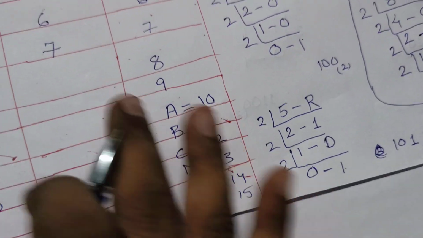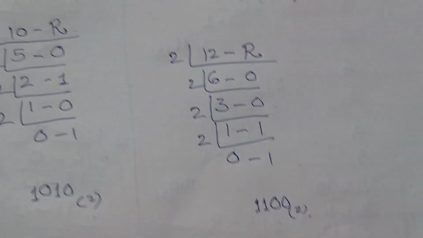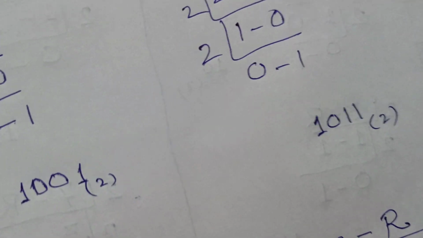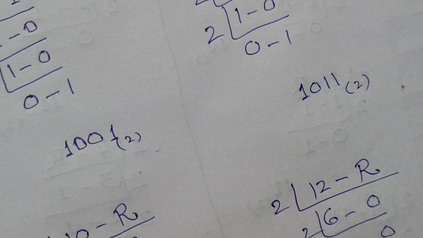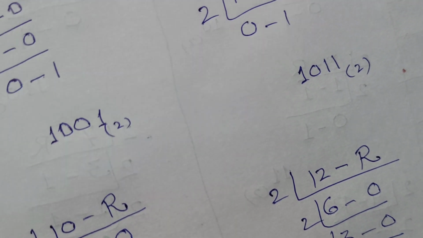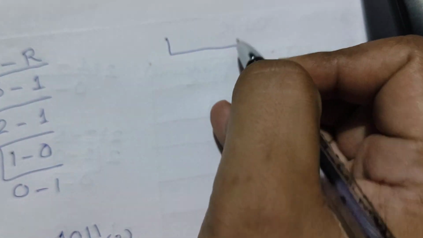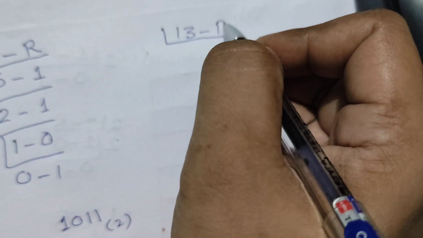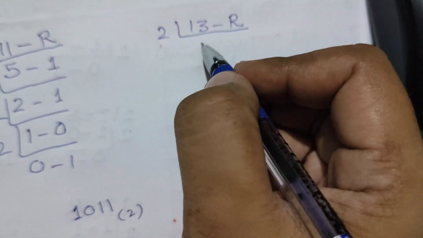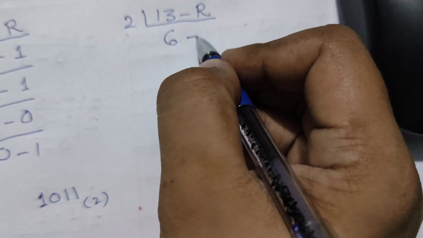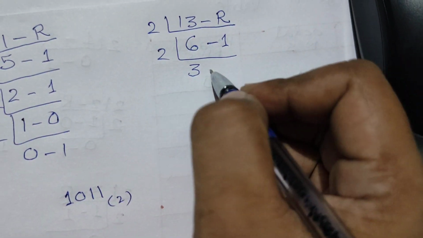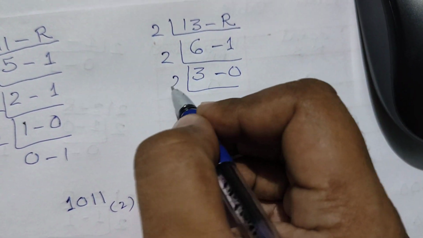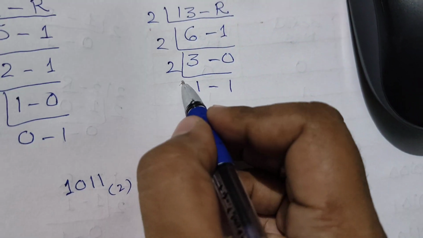Now 13. 2 6s are 12, remainder is 1. Next 2 3s are 6, remainder 0. 2 1s are 2, remainder 1.